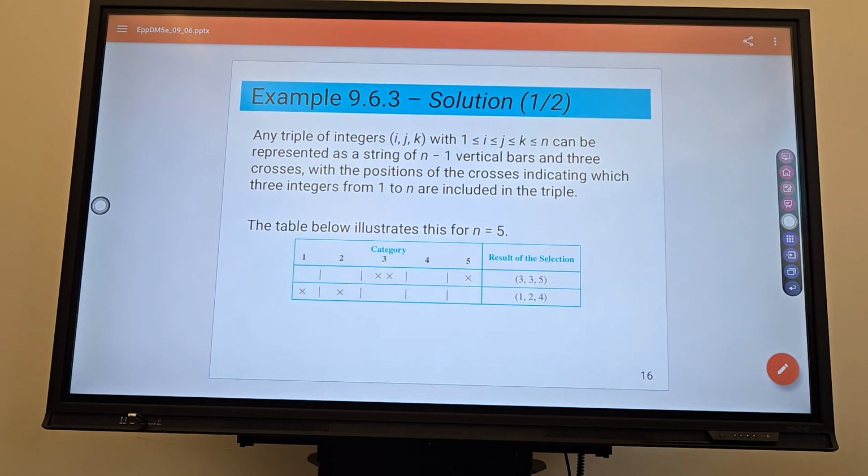Any triple of integers can be represented as a string of n minus 1 vertical bars and 3 crosses, with the position of each of the crosses indicating which 3 integers from 1 to n are included in the triple. The table below illustrates this for n equals 5.